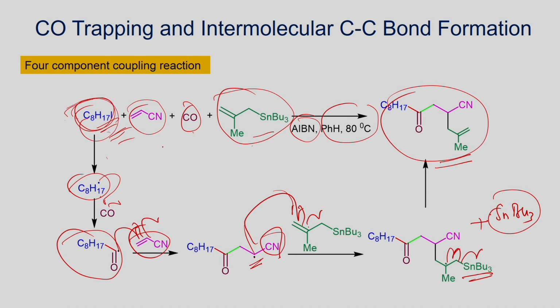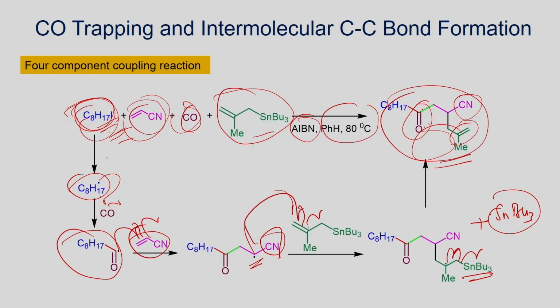In this way, for example, alkyl iodide can be coupled with acrylonitrile, carbon monoxide and allyl tin to give a highly functional molecule. You have here a double bond, the nitrile group, and also the carbonyl group, and these four components can be coupled using this radical reaction.